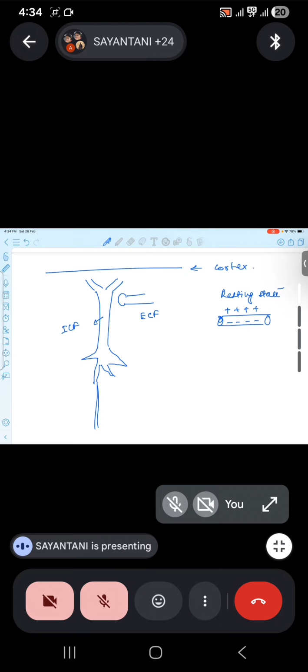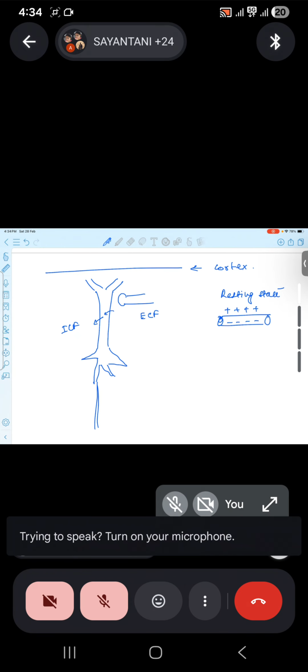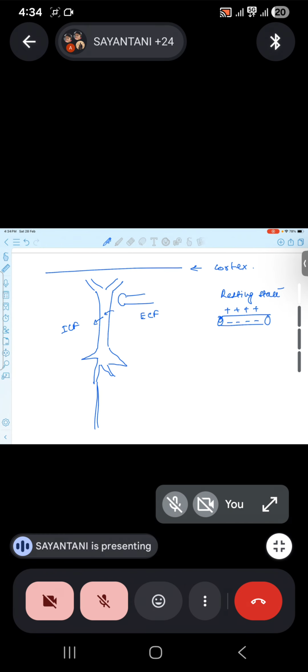So, now since inside was negative, from the ECF, the positive sodium ions start entering the ICF. So, now what happens? The situation reverses. That means outside becomes negative and inside becomes positive, right?